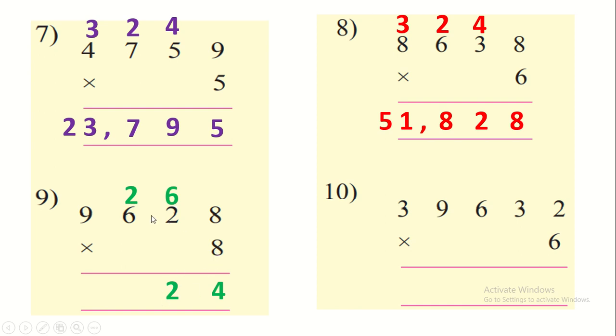Okay, we write 2, carry 2. 8 times 6 is 48, plus 2 is 50. Write 0, carry 5. 8 times 9 is 72, plus 5 is 77. Your answer is 77,024.